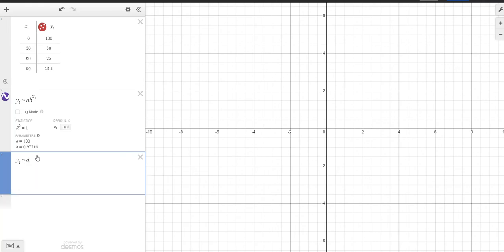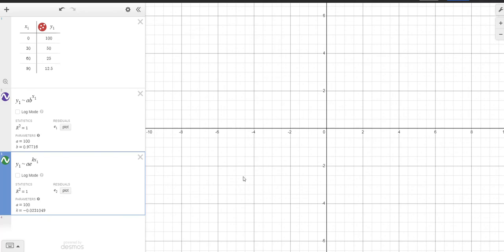What if I do a e to the k, we want t, but of course Desmos wants x1. Notice it gives me my parameters here. a is still 100, same as it was before. But here's that k value. It's about negative 0.023.